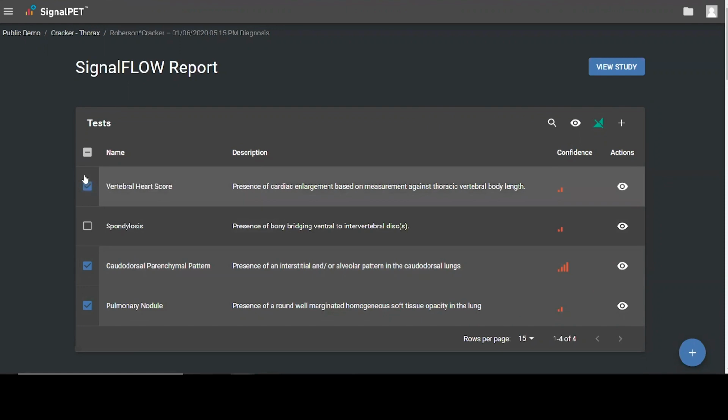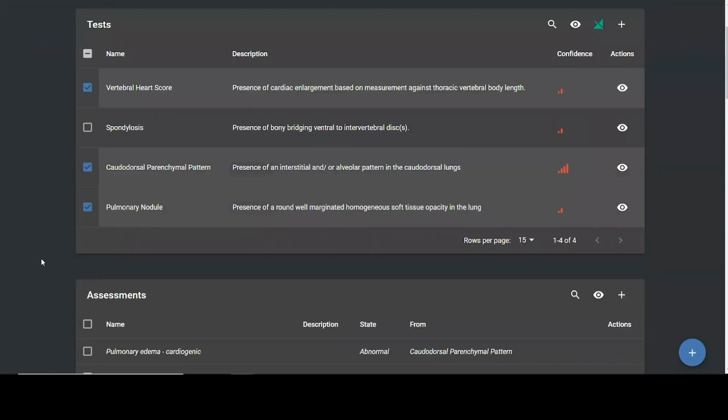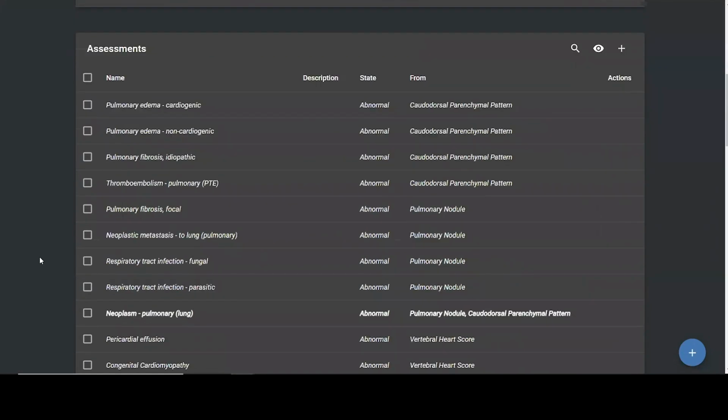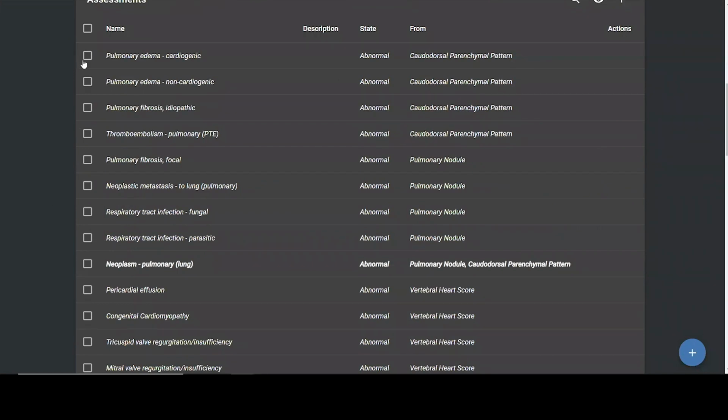Based off what I selected here, we'll scroll down to the assessment section. In this section, it lists differentials for each one of those findings. You can see the finding is here and the differentials are here. These are not listed in any particular order, and it's up to the clinician, who has all of the other information about this patient, such as blood work, patient history, travel history, to come up with a prioritized list of differentials, or at least to select the primary differentials.